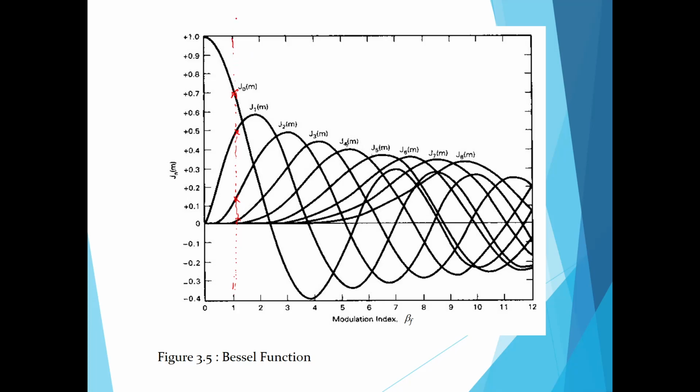Okay, so the crossing value is defined in the table. Nilai-nilai crossing ini adalah nilai dalam table. Okay, the value of the cross here is given in the table. So that's why we have the value J0, J1, J2 and J3 for beta equal to 1.